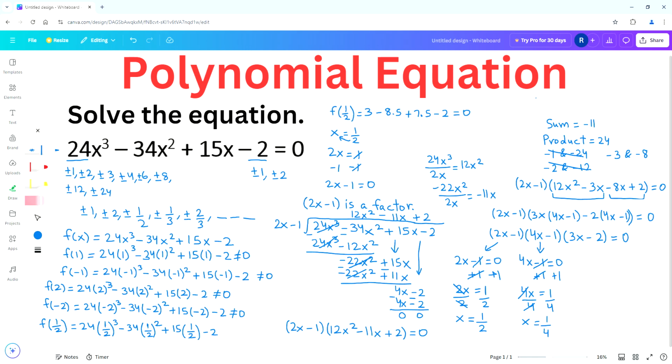Now we can analyze the third factor. We should set it equal to 0 and solve for x.